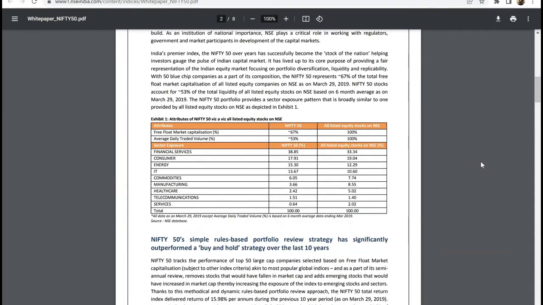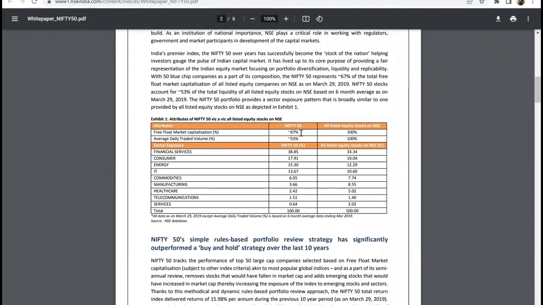And as you can see, Nifty 50 represents almost 67% of the total market capitalization of NSE. What does it mean? While there are 2000 companies listed on the National Stock Exchange, just the top 50 companies constitute 67% of the market.